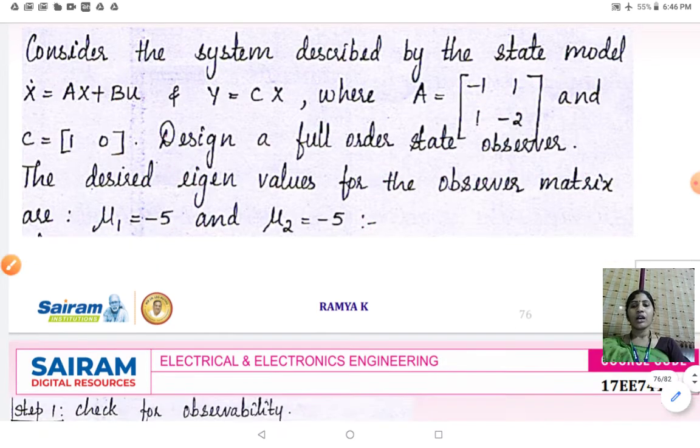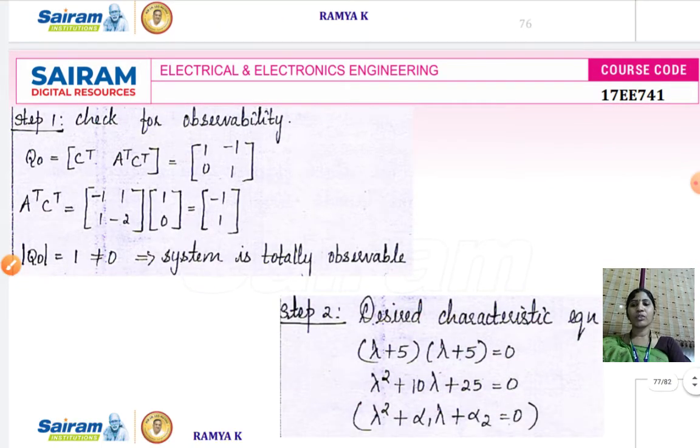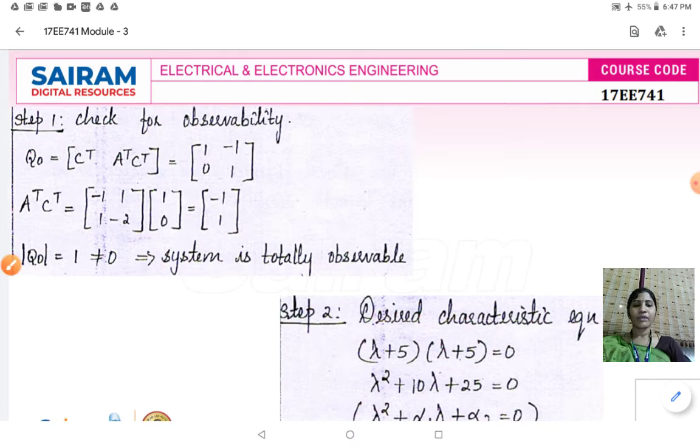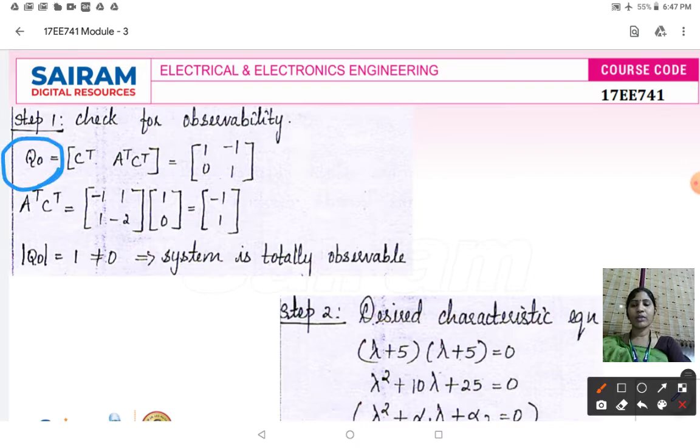Then to find your observability, Qo is equal to [C transpose, A transpose C transpose]. C transpose value is [1 0]. A transpose C transpose, after multiplying, you are getting [minus 1, 1]. When you identify the determinant value for this observability matrix, you are getting 1.